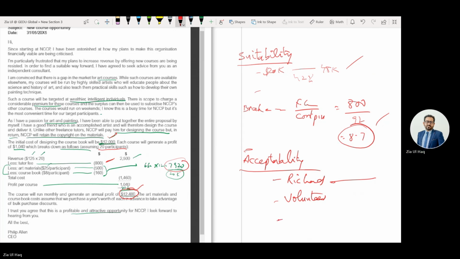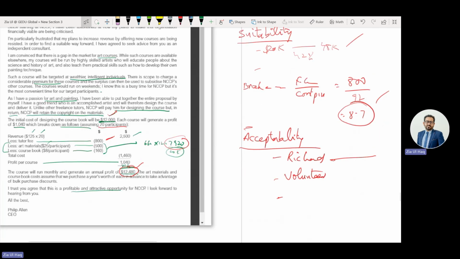What else? Customer point of view. Whether that rich class you are going to target will come to attend the course in a charity business, because this could affect their status, this could affect their repute.